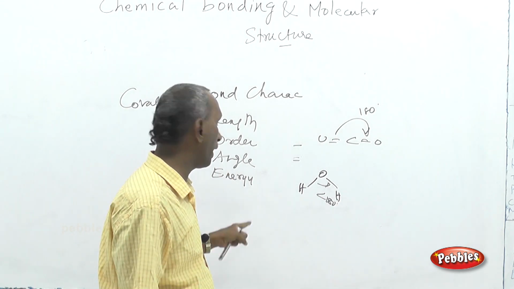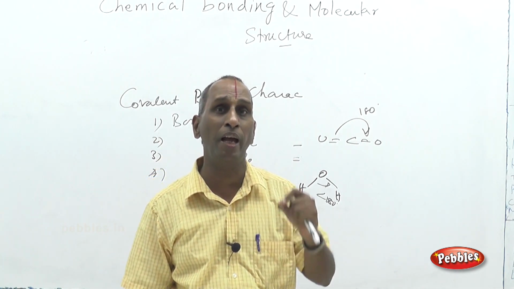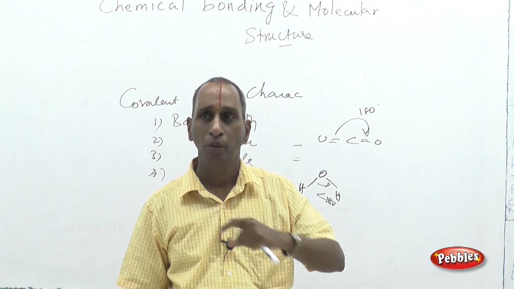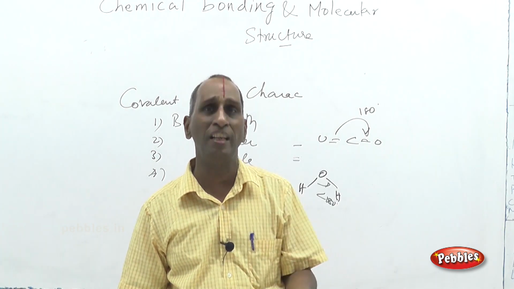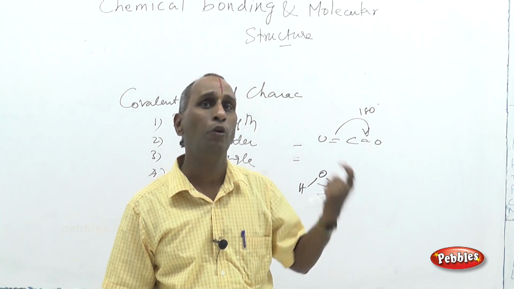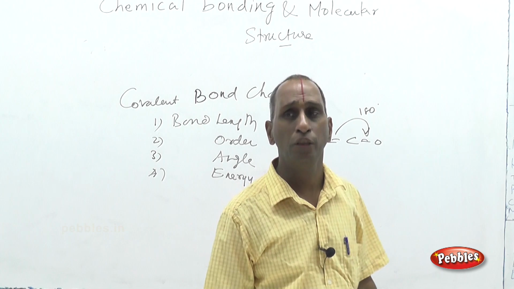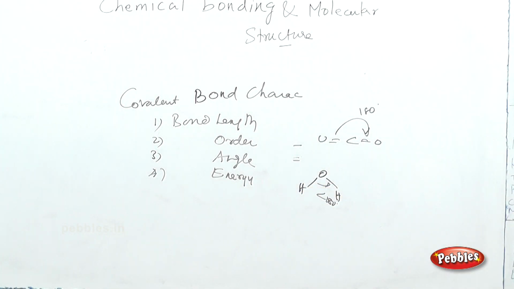That is meant by bond angle. Lastly, bond energy is the energy required to break a bond or the energy released in the establishment of a bond. Once again, we will illustrate these terms with examples. Bond characteristics of a covalent bond.